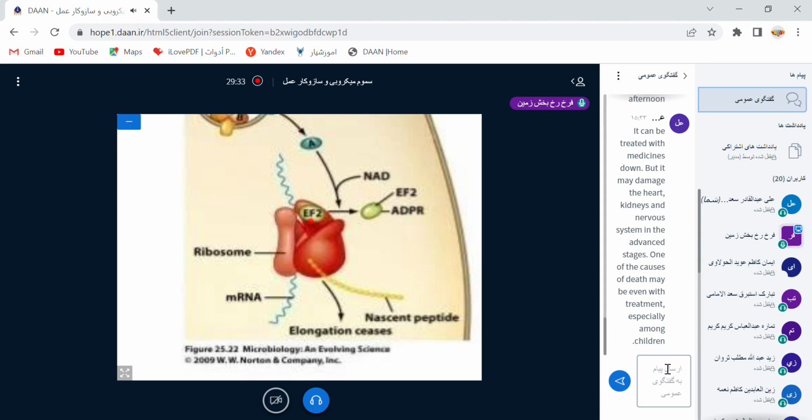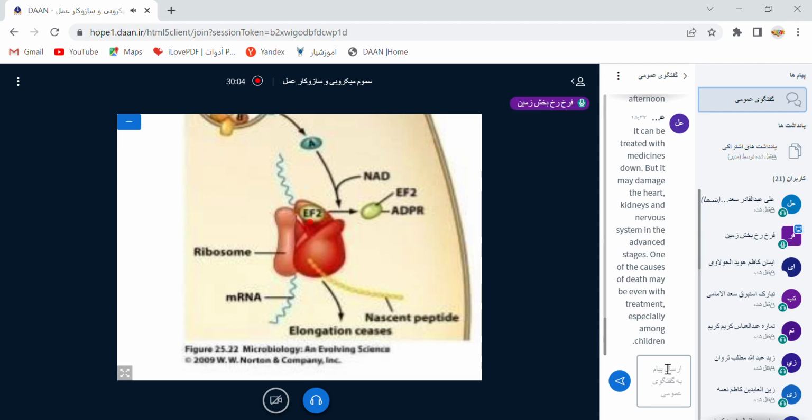The toxin is going to our cells, cytoplasm. A subunit goes to find the ribosome. Then it finds the enzyme elongation factor number 2, which is used for translocation.